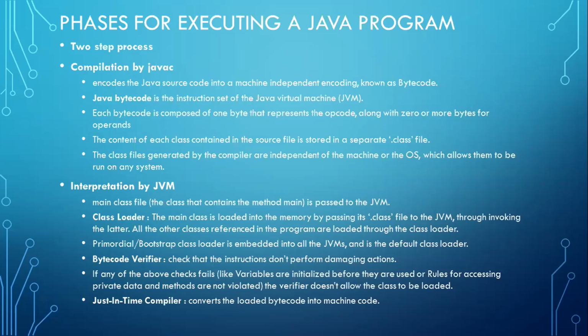No. The compilation done by javac is a step which is required to generate the .class file. Just-in-time compilation is a part of execution. When the Java program is in execution, just-in-time compilation kicks in to make the Java application run faster.